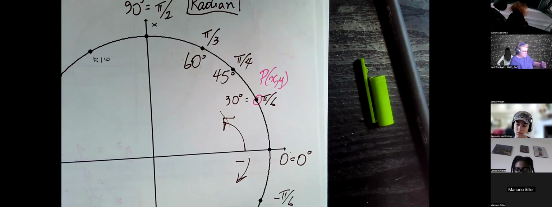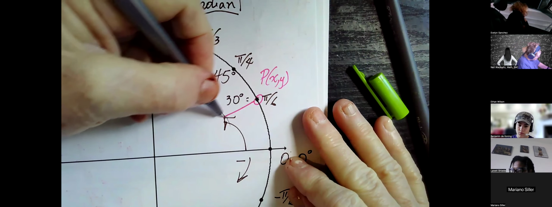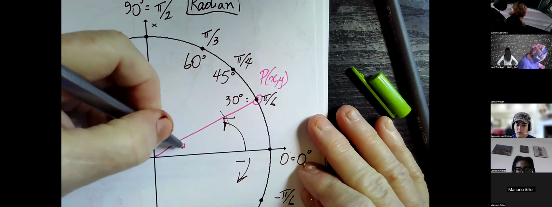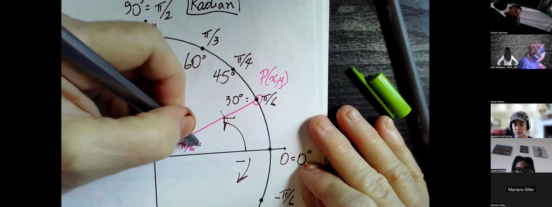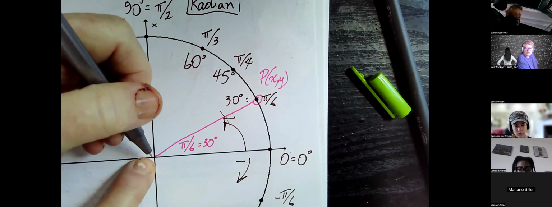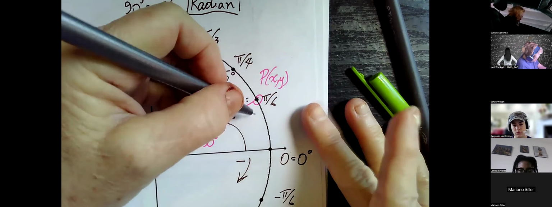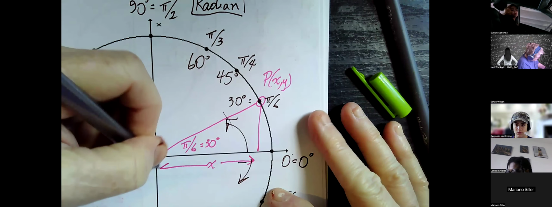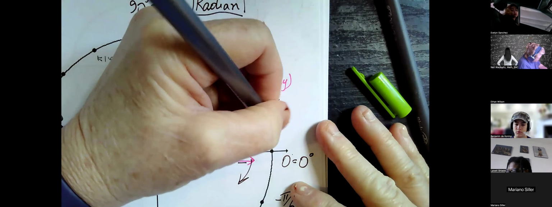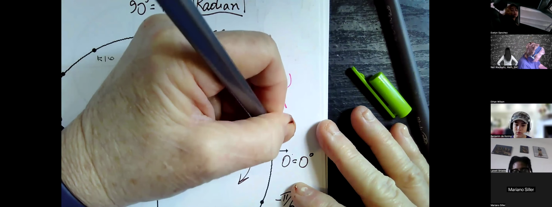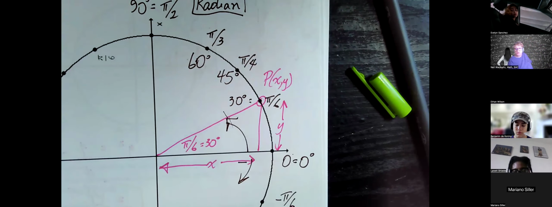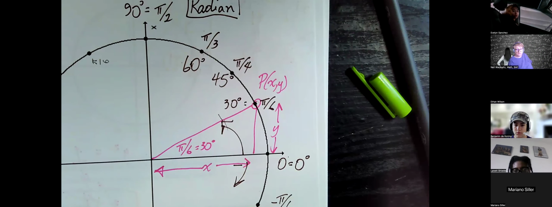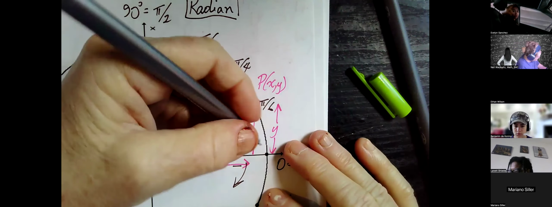We want to have a connection because the angle is actually living right here, right next to the origin. There's the angle. And here's X. And here's Y for this particular triangle. So it's a right triangle, just like we had before.